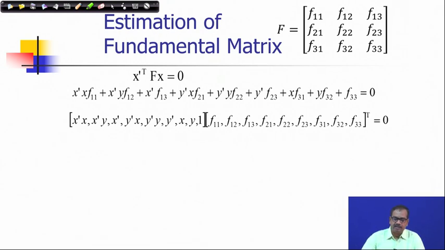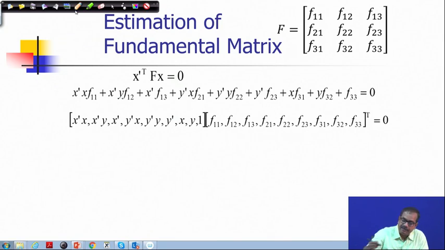Consider the elements of the fundamental matrix given in this form, using the indexing notation of a matrix element, where the element of the ith row and jth column is given by f i j.